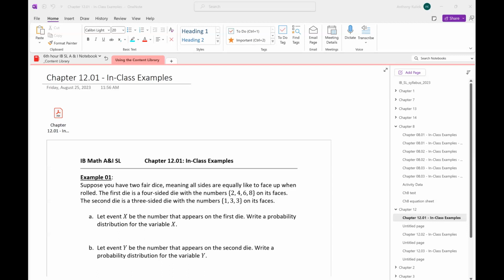We're going to go through in-class examples, as many as we can do today. I'm going to call on random people to help talk through these things. My suggestion is that while we're doing this, take some notes, write down some of your own work, and have your calculator out to follow along. I know it's been a little while since we've been here in person and gotten direct instruction from me.